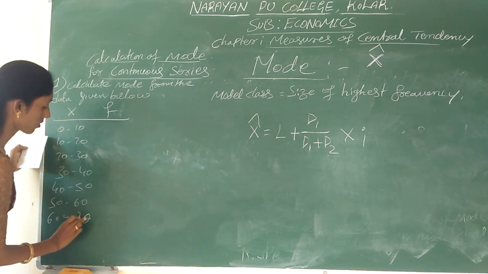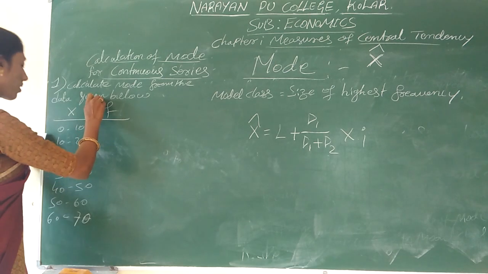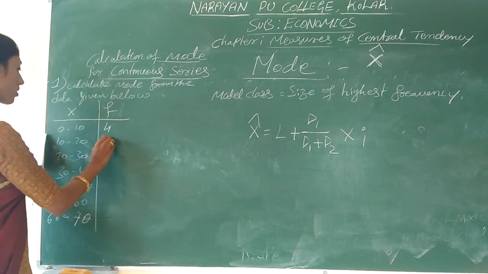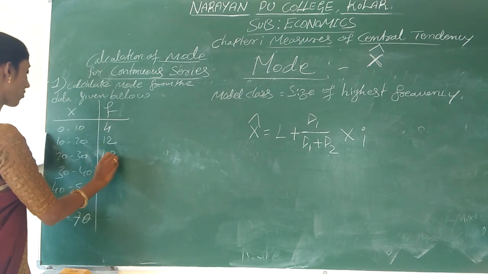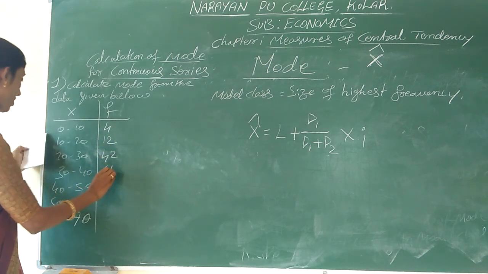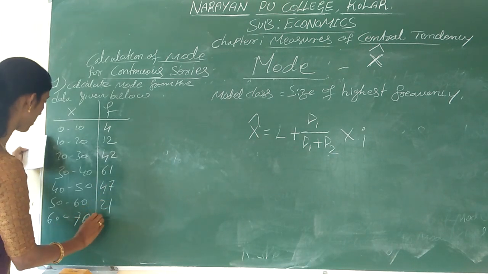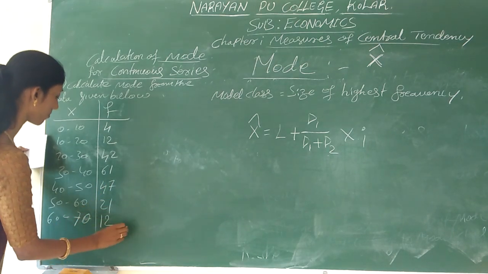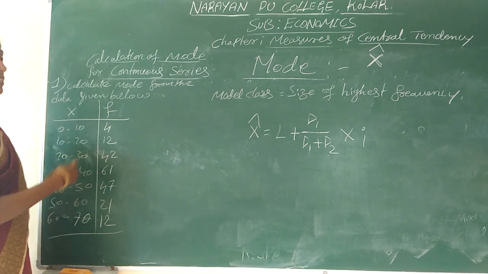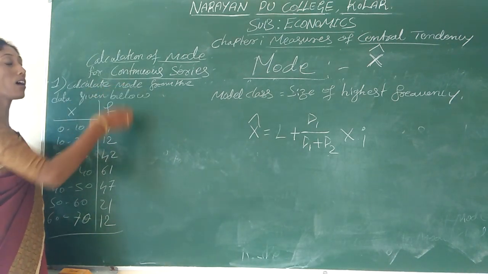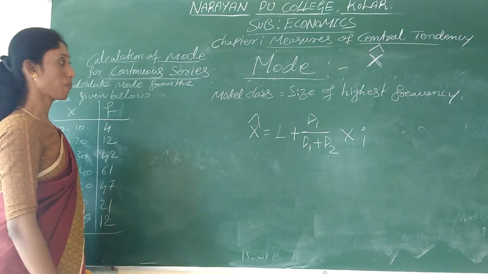Here f is 4, 12, 42, 61, 47, 21 and 12. This is the data they have given. By using this data, we need to calculate the mode.